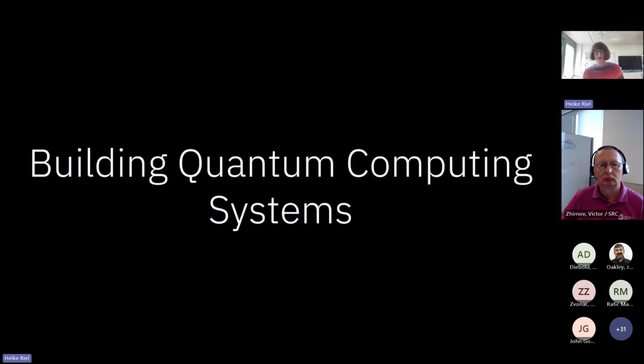So when we look at building quantum computing systems, it's not only the qubit which we have to demonstrate. If you look back in history, around 1980, Richard Feynman presented the idea of a quantum computer for the first time, but at that time it was not clear how to build such a thing.